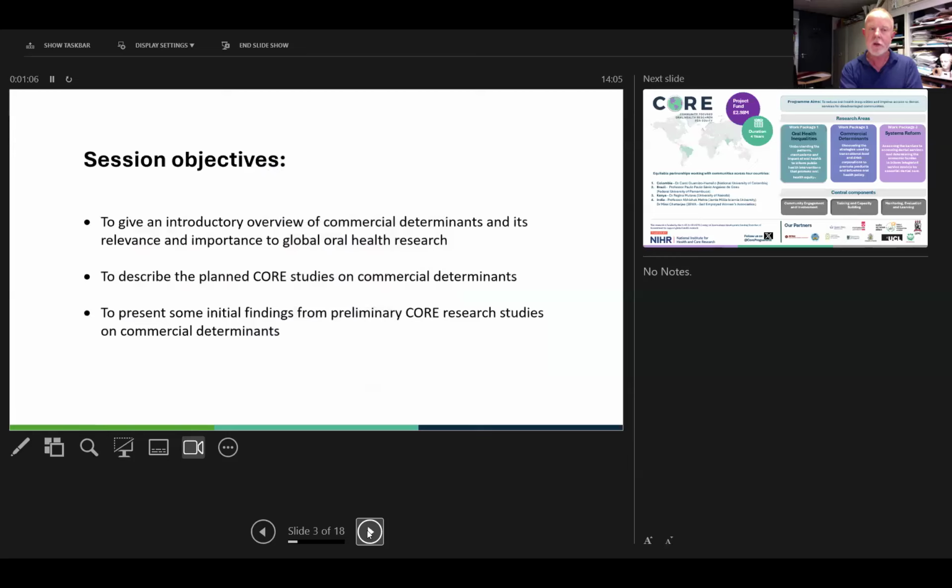So the objectives of this session are really to introduce our audience to this topic of commercial determinants in relation to public health. It's not a new subject, it's been around for quite a few years, but there's a great deal of interest in this topic in the broader public health and global health community, and increasingly in the oral health community as well.